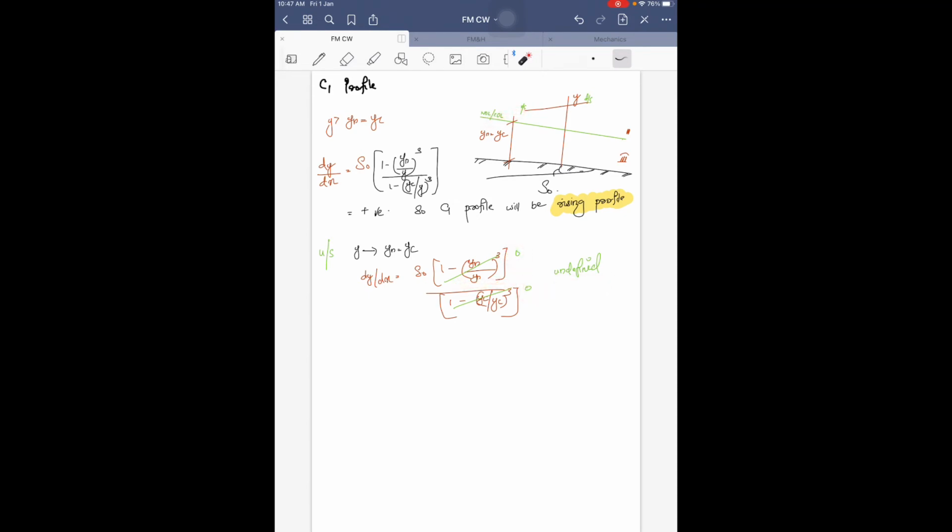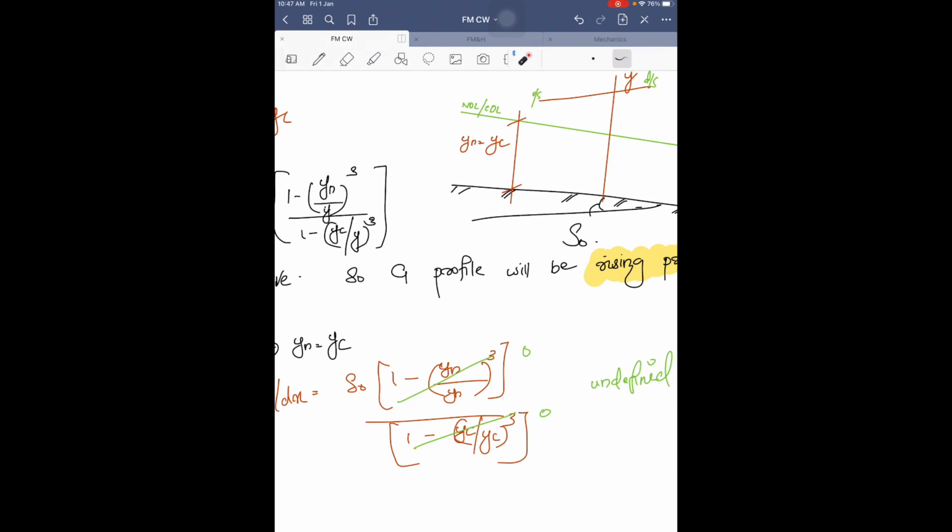But when the profile is just above the NDL CDL line, the y value will be something greater than yn equal to yc.